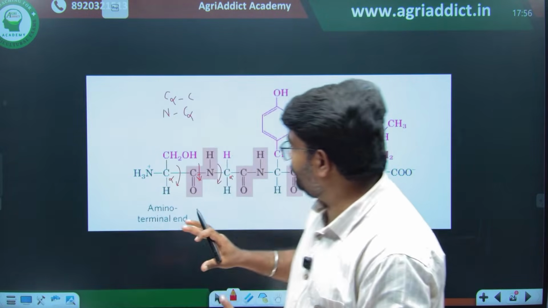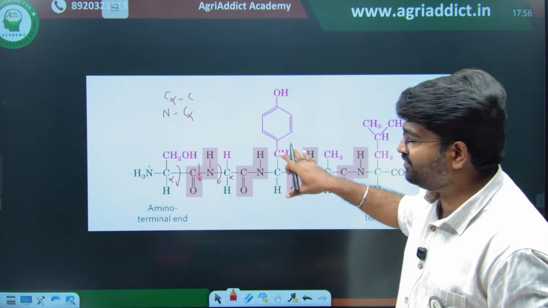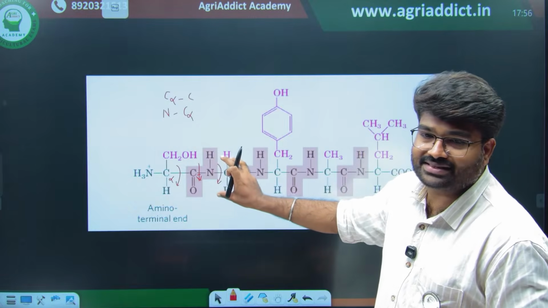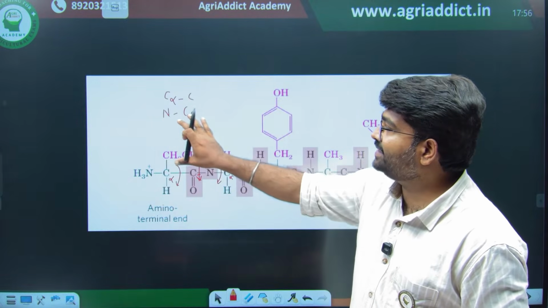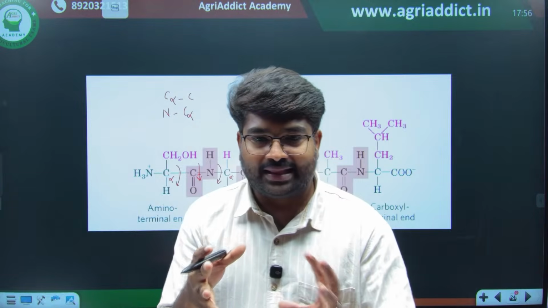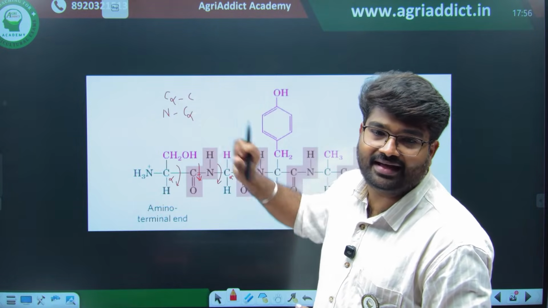There are R groups in each and every amino acid. So the particular rotation of the C alpha and C bond and the N and C alpha bond determines the secondary structure of protein. If the bond angle is not correct, it may be sterically hindered.